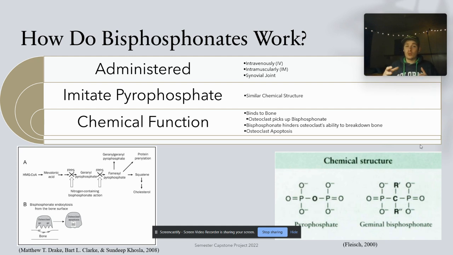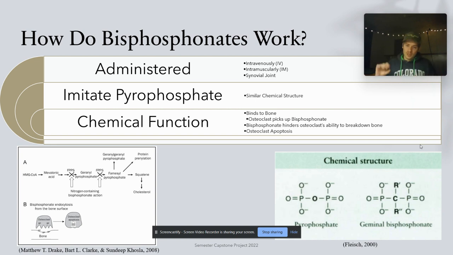So a bisphosphonate works because it imitates it. As the pyrophosphate has an oxygen with two phosphate groups, the bisphosphonate has a carbon with two phosphate groups, imitating the pyrophosphate. However, the phosphate groups is where the similarities end. The two R groups is where the dissimilarities are, and that's ultimately where bisphosphonates do their work.